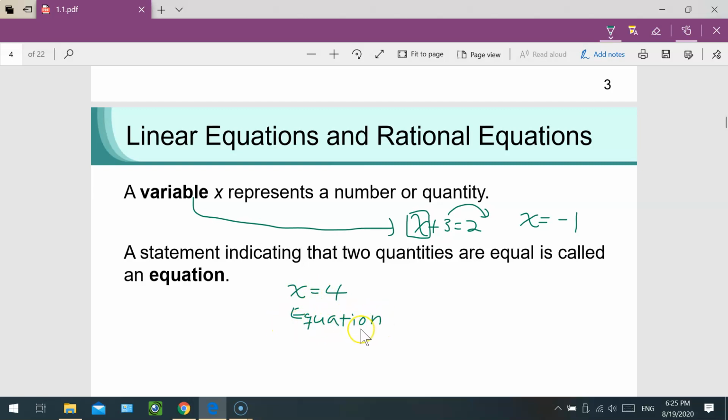When you have the equation, we are solving for the unknown variable. When you only have x plus 4, there is no equal sign here. So we call this an expression. When you have the expression, you cannot solve for the unknown variable.